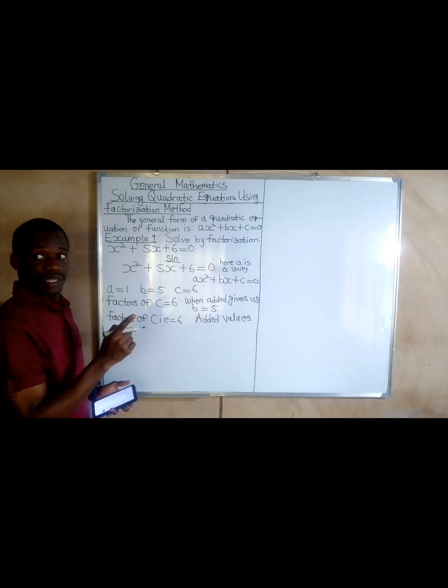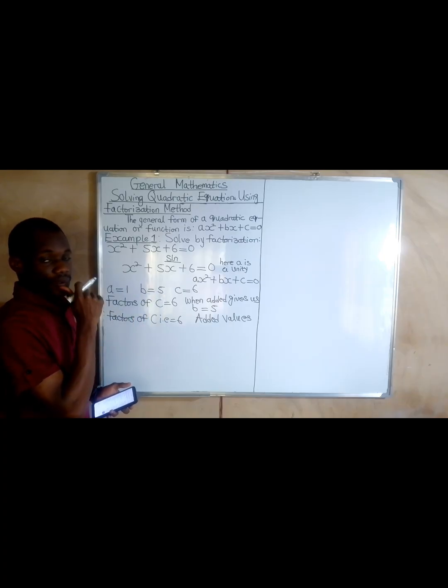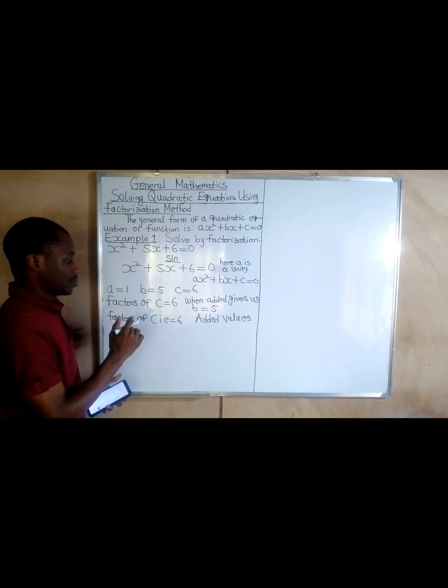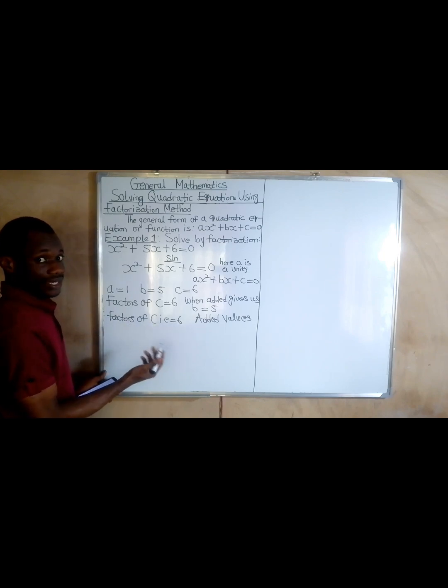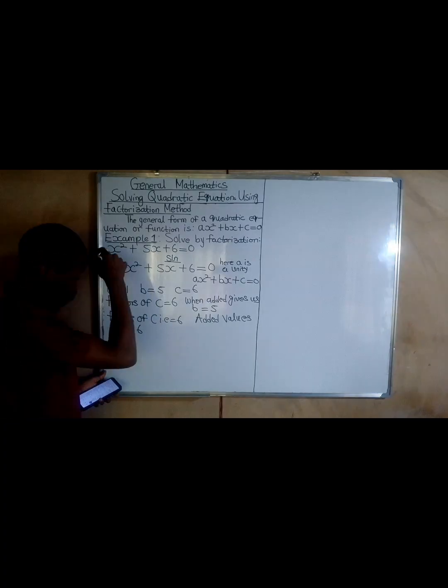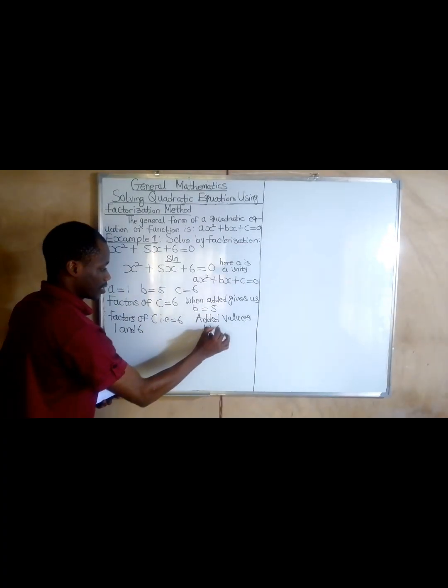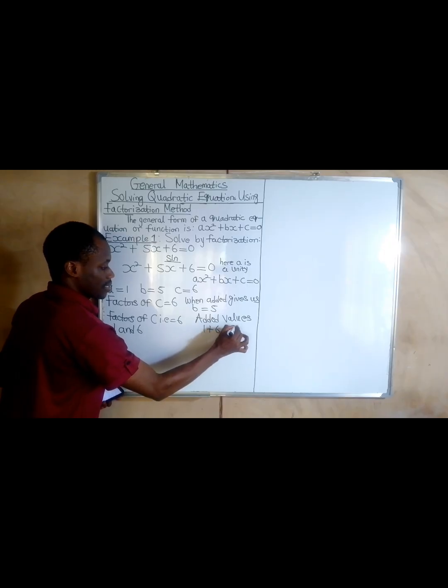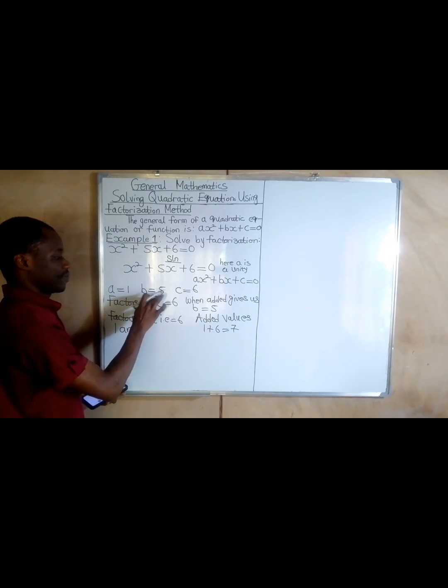For us to do this, we say factors of 6. We have 1 and 6, that's positive 1 and positive 6. If we add them together, 1 plus 6 is going to give us 7. It is not giving us this b, 5.